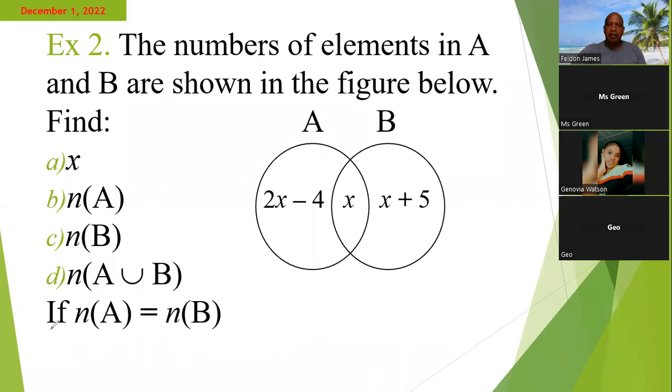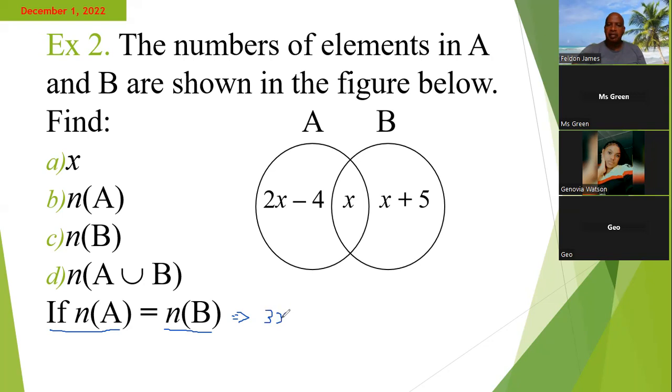So the number of elements in A is equal to the number of elements in B. You can use that to calculate x. You add up everything in A, you would get what? You will get 2x plus x gives you 3x.